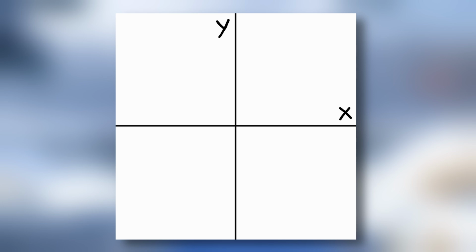And this is useful when you're visualizing equations that have two variables in them, an x and a y. Solutions to equations and inequalities will correspond to points in the plane, just as solutions to equations and inequalities with one variable correspond to points on the real number line.